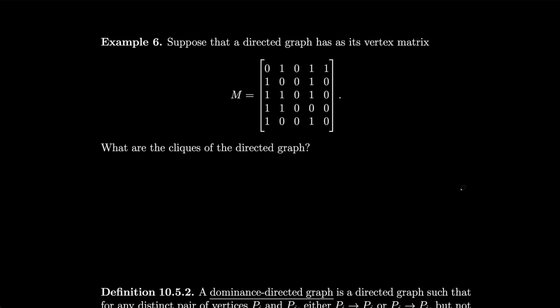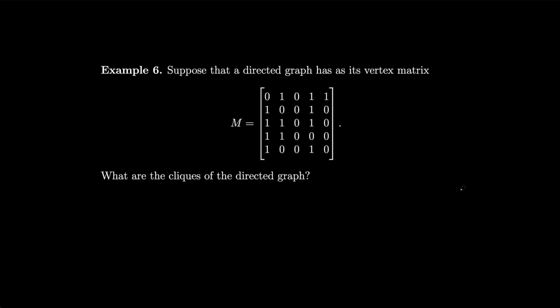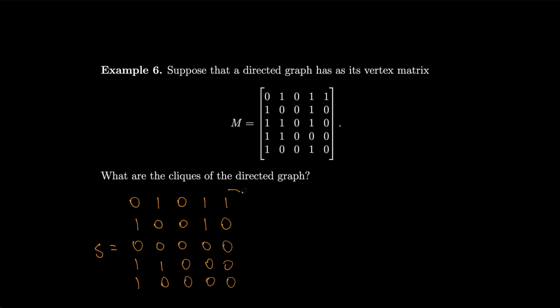Let's suppose that a directed graph has as its vertex matrix M given over here. What are the cliques of the directed graph? So we can compute S the same way as we did before, and in this case we'll get 0, 1, 0, 1, 1, 1, 0, 0, 1, 0, all zeros for the third row, and then 1, 1, 0, 0, 0, and 1, 0, 0, 0, 0.